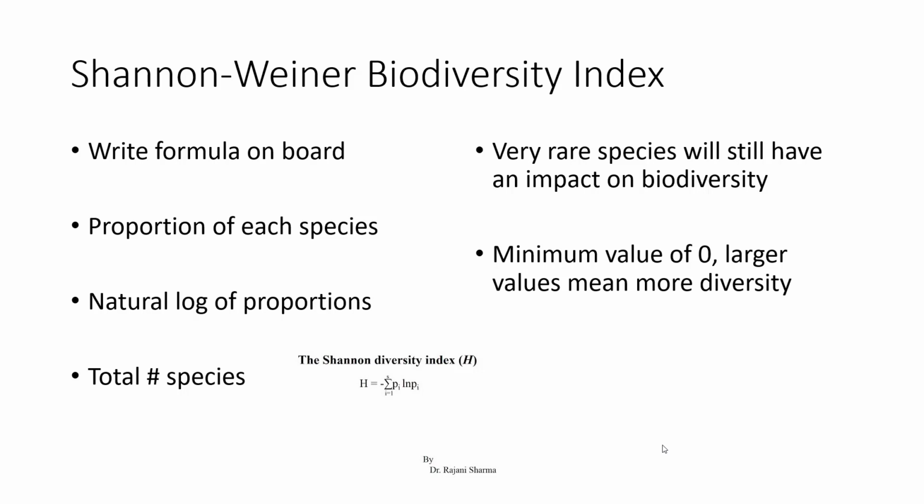You multiply both of these together, the proportion times the natural log of the proportion, and then you add up these numbers for all individual species, so every species from i equals 1 to S, wherever S is, and that is going to be your Shannon Diversity Index, once you multiply it by -1. This allows very rare species to still have a relatively large impact on biodiversity. For the Shannon Diversity Index, the minimum value is 0, and larger values mean more diversity.